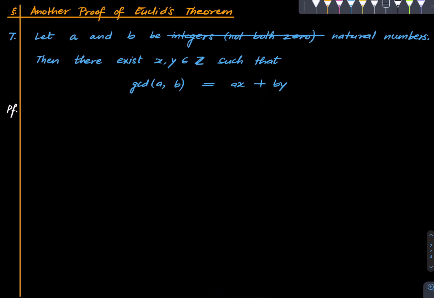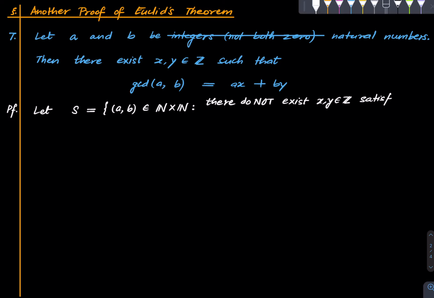All right, what we will do is collect all the bad things. Let S be the set of all those pairs of natural numbers for which there do not exist integers x and y satisfying ax plus by equals GCD of a and b.